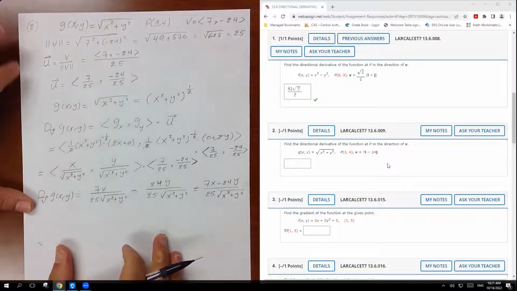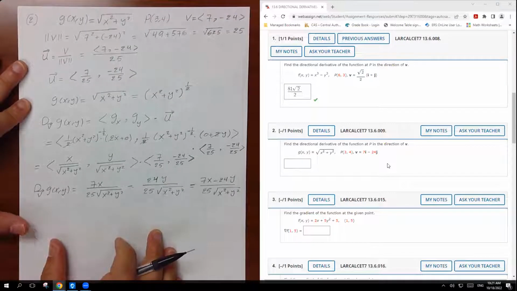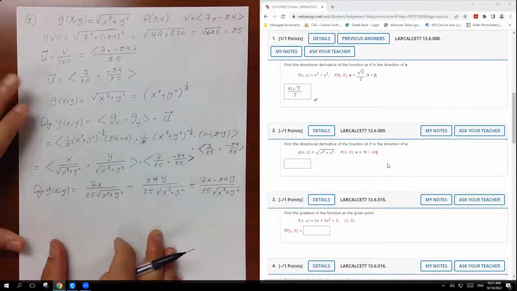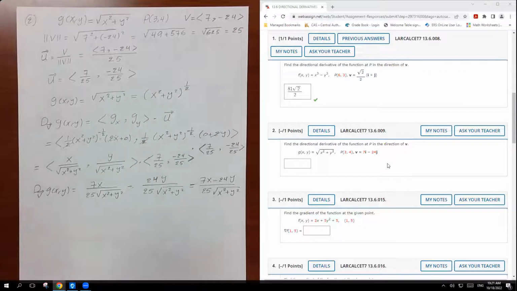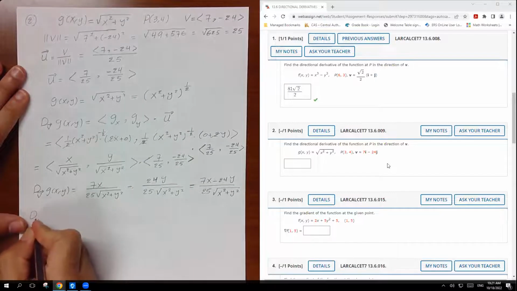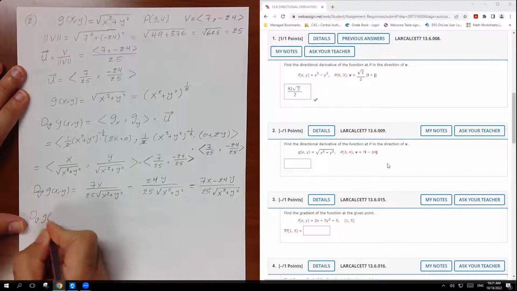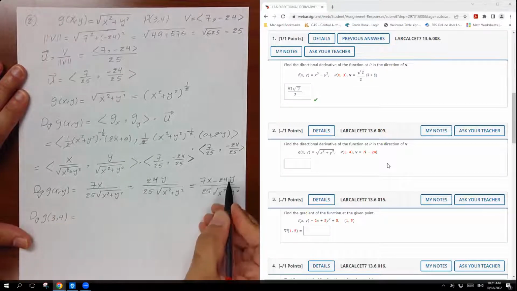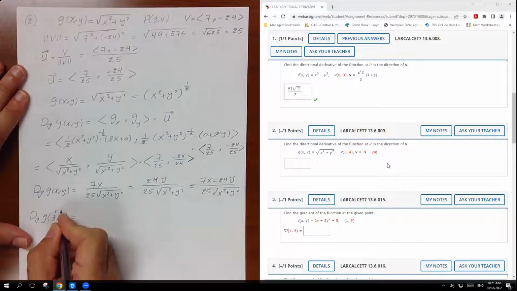Now we need to find the directional derivative of the function at the point (3, 4), so we plug in 3 and 4 here, for x and y.